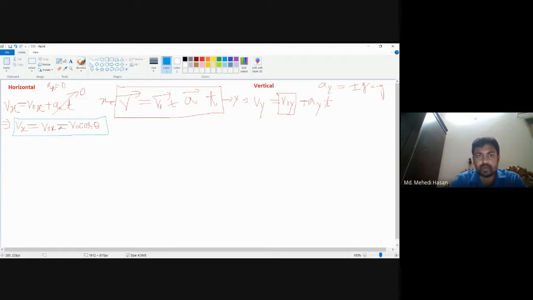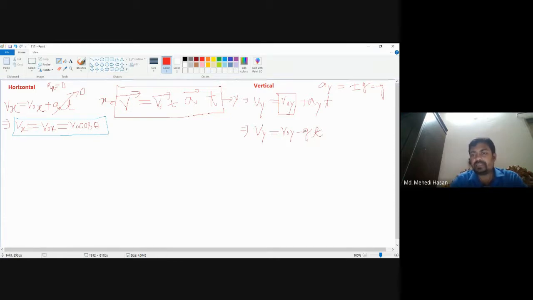Okay, this is the first equation. Now let's talk about the y direction. That means this is vy equal to v naught y plus ayt. Then it will be vy equal to v naught y minus gt. So I am considering the motion is upward. We are throwing object upward direction. So that's why minus g. Okay.